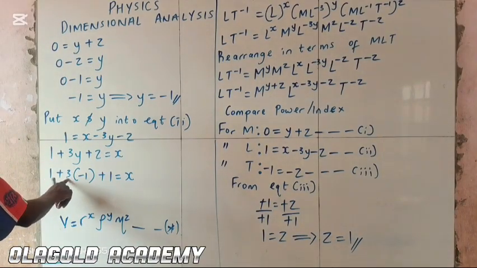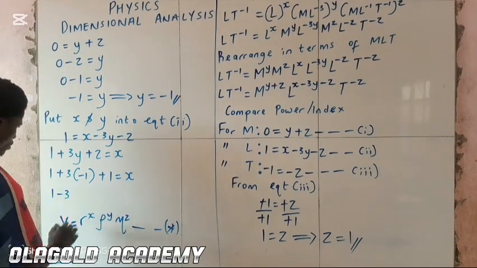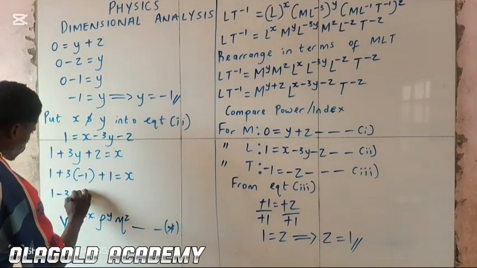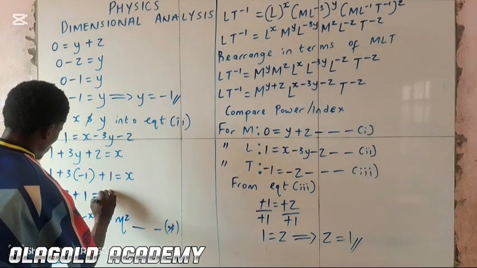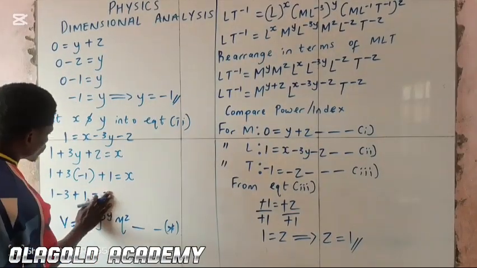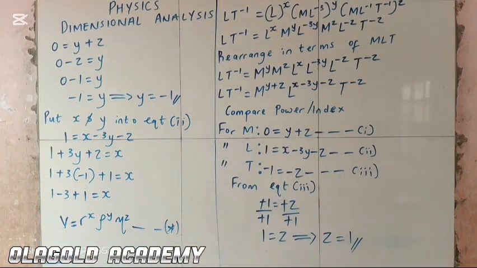So we are going 3 times minus 1. We have minus 3. So we have minus 3 plus 1. We have plus 1 equal to x here. Equal to x. So we have this.